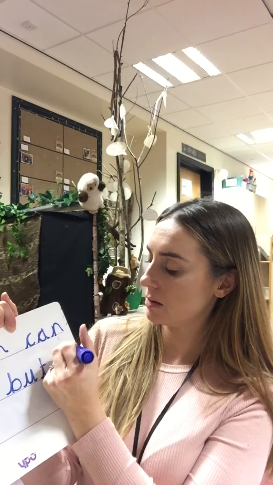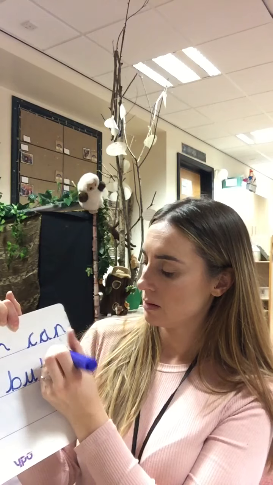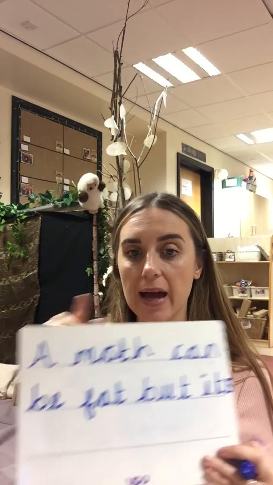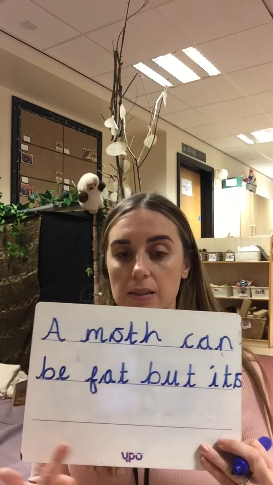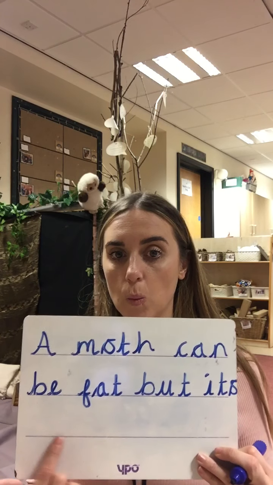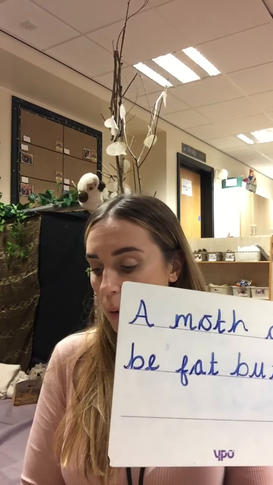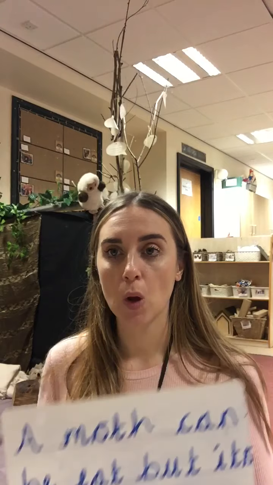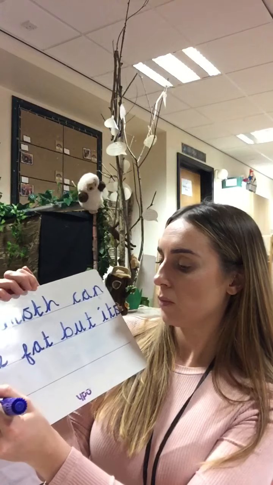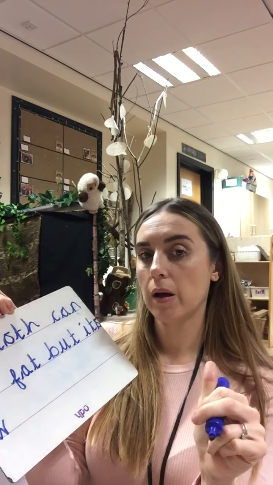It. A moth can be fat, but its wings. Wings. That's quite a tricky word, that. What does it begin with? W. Let me help with this one. W. What's the vowel?